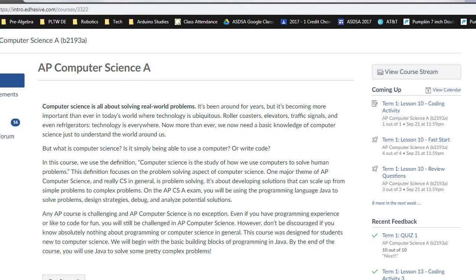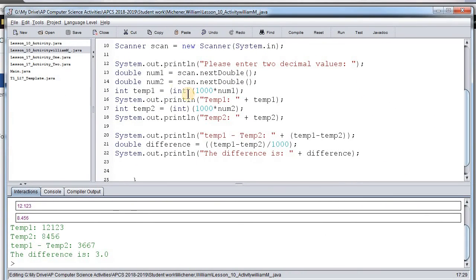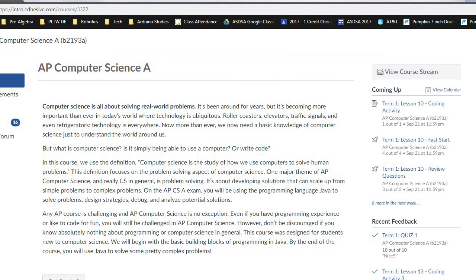And then what did you do? Yeah, you scanned in a double. I don't think what you really necessarily need to do is, I don't think you even need to change those to an integer. I didn't. Let me confirm that. Hold on a second here. Yeah, I only have a total of 3 lines of code in mine. I scan in the doubles, and then the very next thing is I subtract them.